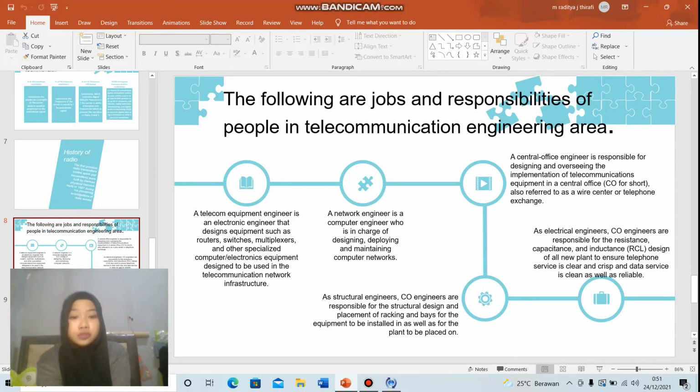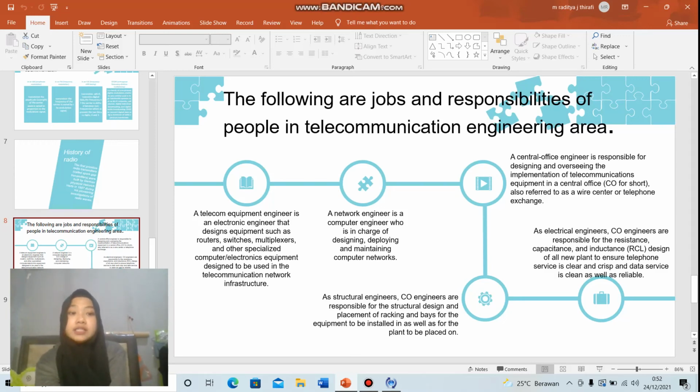As structural engineers, CO engineers are responsible for the structural design and placement of racking and base for the equipment to be installed in, as well as for the plant to be placed on. A central office engineer is responsible for designing and overseeing the implementation of telecommunication equipment in a central office, or CO for short. Also referred to as a wire center or a telephone exchange.